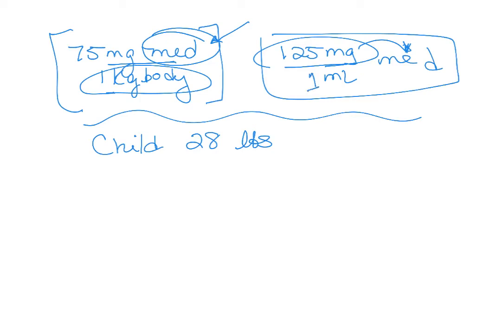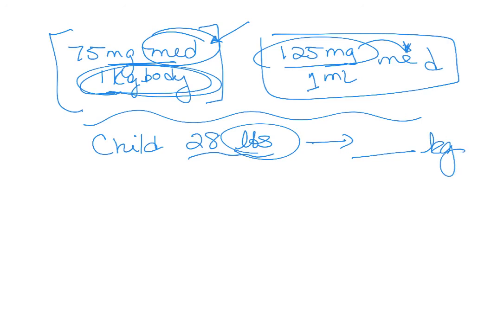So it's asking, how many milliliters of this medicine does a child who weighs 28 pounds need? The dosage is in terms of kilograms of body weight, and we have pounds. So the first thing we want to do is figure out how many kilograms this child is.